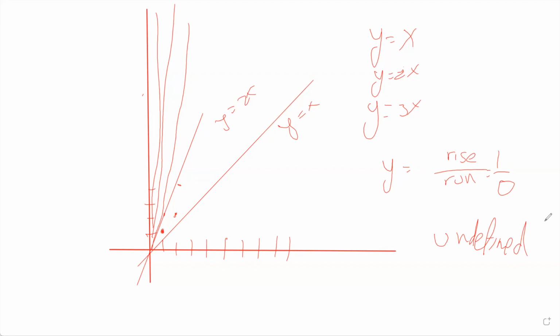Even a small movement will not work, because if the run is 0.1, the answer will be 10. If the run is 0.001, that will be 1000. If it's 0.0001, it will be 10000. So you can see that the moment it becomes 0, it cannot be defined at all.